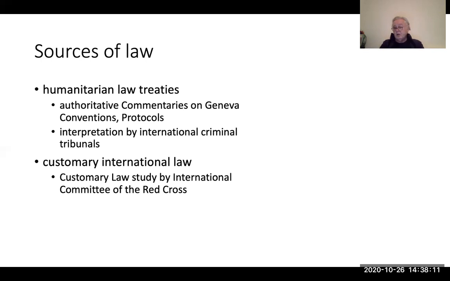If you are looking for material to assist in understanding the treaties, many of them have some very authoritative, what are called commentaries.